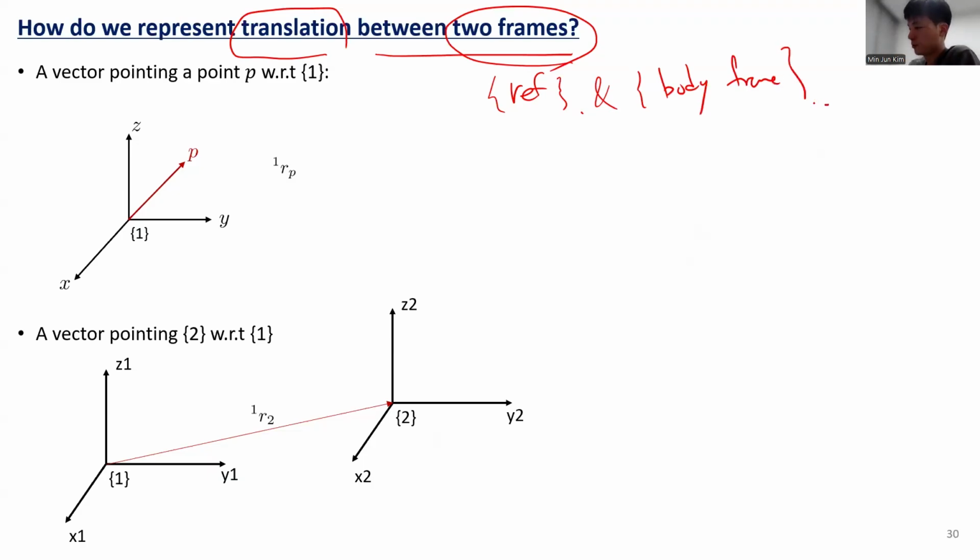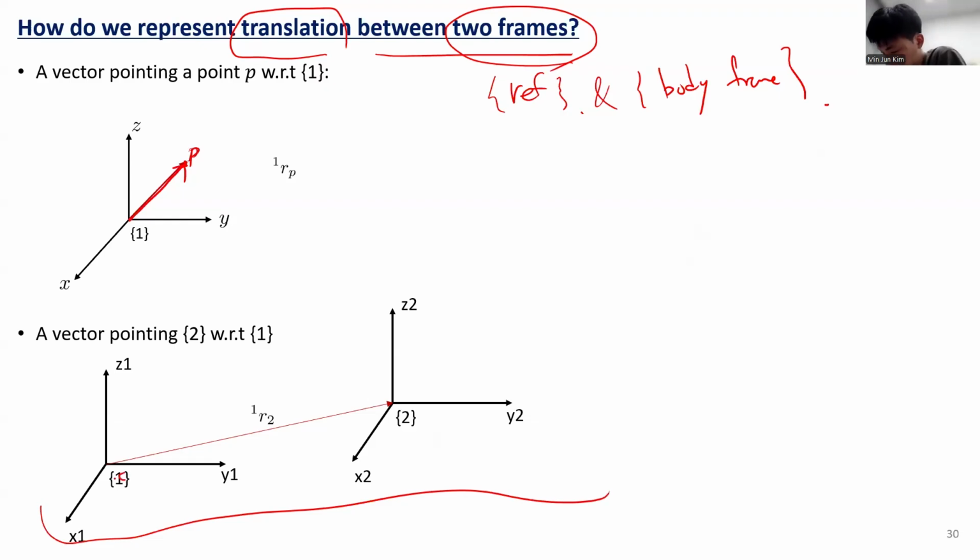Before representing the translation between two frames, we know how to represent a point in space. There's a point P, and this vector represents the point. Simple. What about two frames?